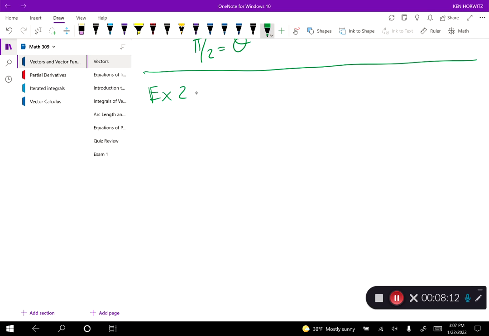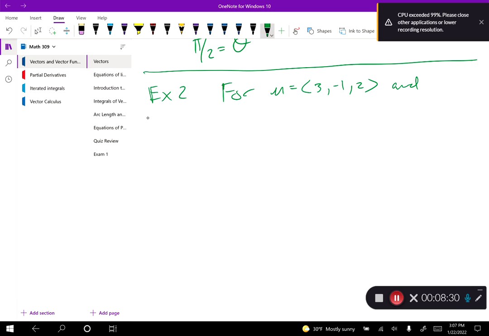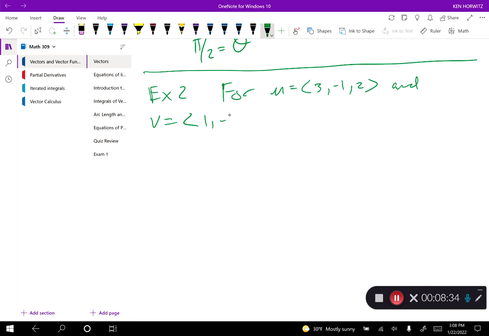So let's say u equals 3, negative 1, 2, and I'll use the next line because I'm probably going to run out of space. 1 comma negative 1 comma 2, or excuse me, negative 2.